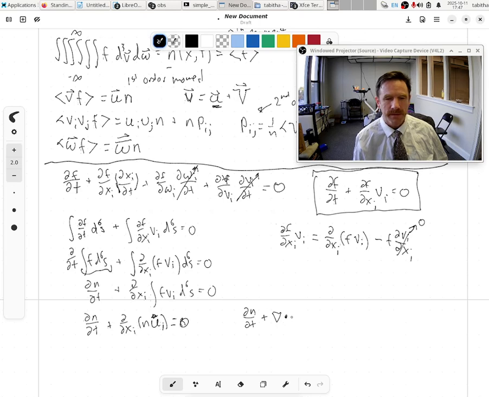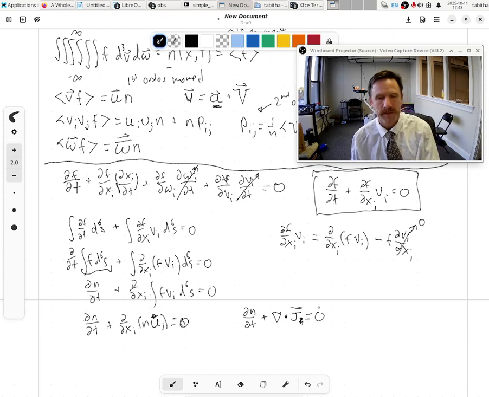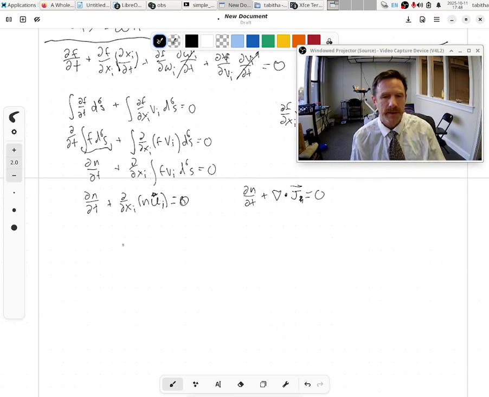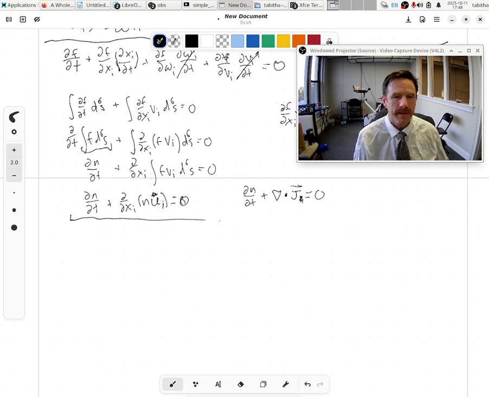Of n times ui, and n times ui is a flux. And so this is our continuity equation. And we're going to go ahead and take some higher moments and repeat the same procedure.